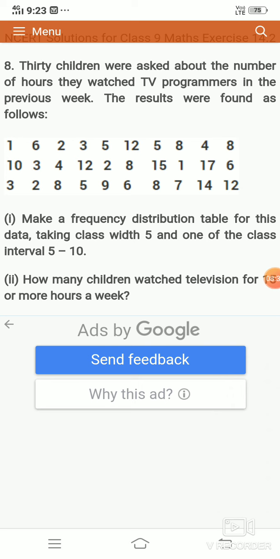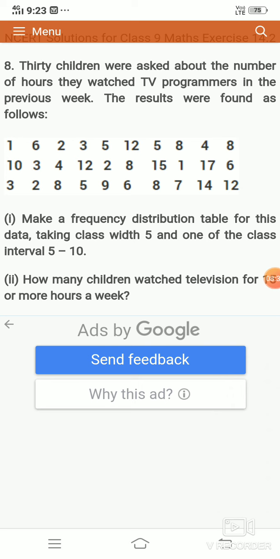But here you use the grouped frequency table, because the question says make a frequency distribution table for this data taking class size 5. Class size 5 means 0 to 5, 5 to 10, 10 to 15, like that. Here the minimum number is 1 and the maximum number is 15. We use class size 5, because it is given in the question, and one class interval is 5 to 10.